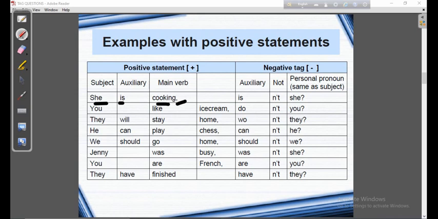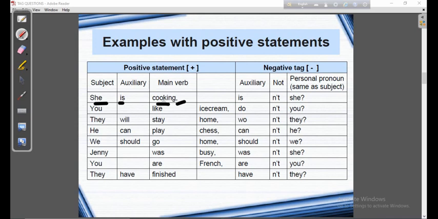Okay, so after cooking comes a comma, and then you will have to write down the affirmative or negative form of the be verb used in the sentence. Affirmative or negative form, it will be the short form of the auxiliary verb used in the sentence.